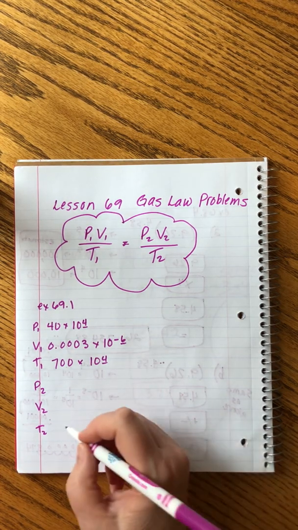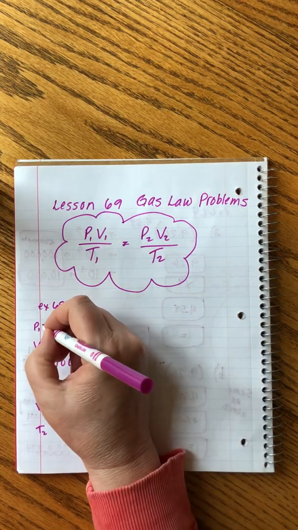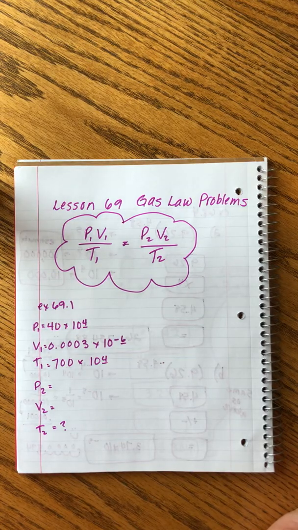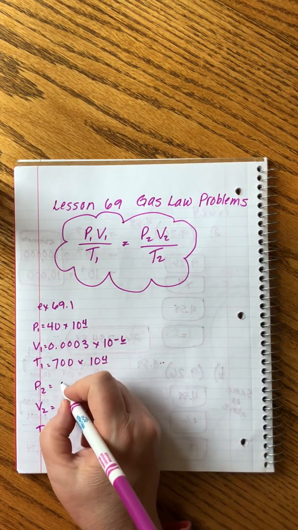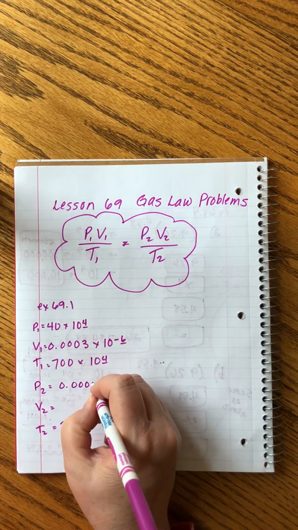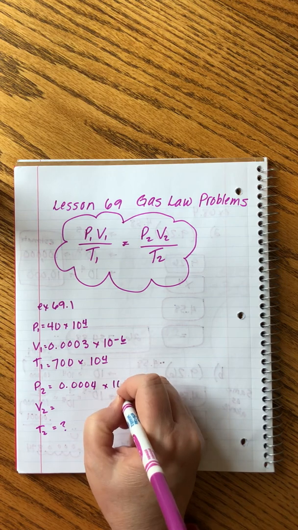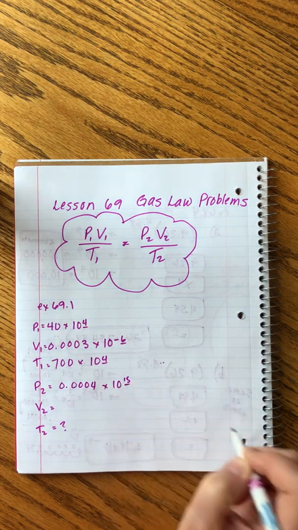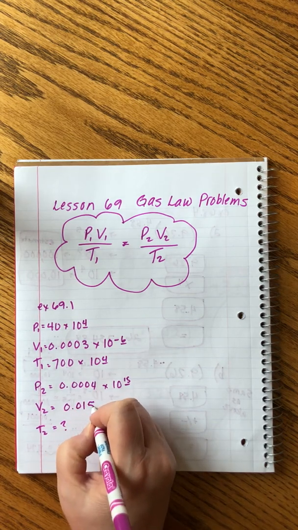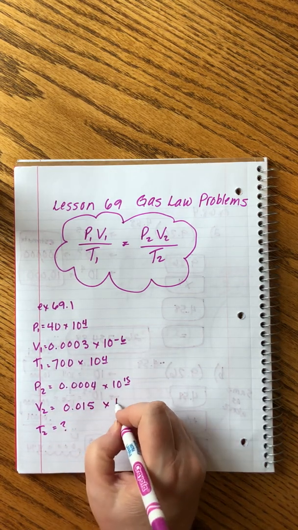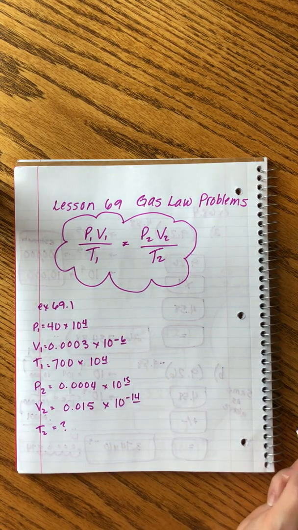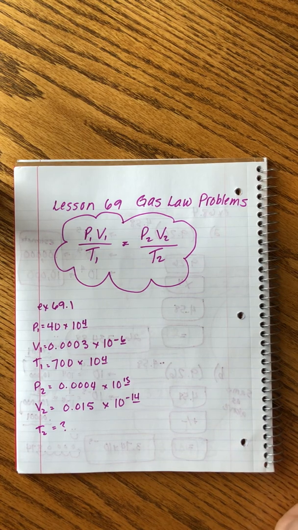Find the final temperature. Okay, so this is the question mark. Find the final temperature if the final pressure was 0.0004 times 10 to the 15 atmospheres, and the final volume... look at those numbers.